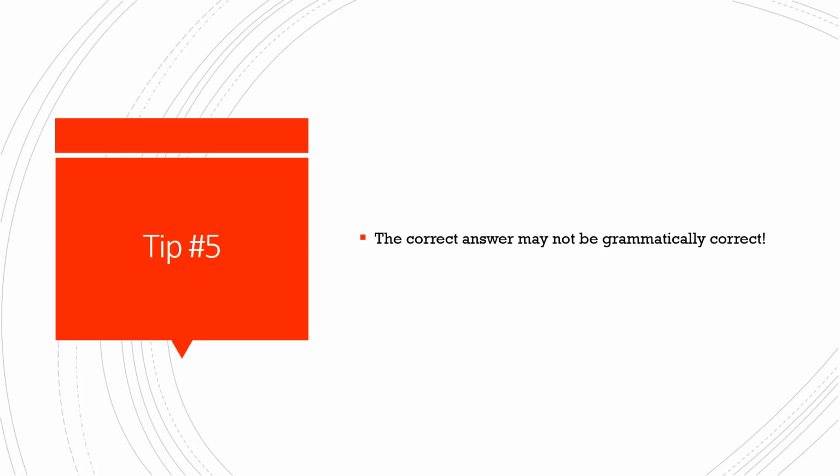If you feel that an answer is correct and it does not really have correct English grammar usage, you can still go ahead and mark that option if you're 100% sure that it is the correct answer. So don't look out for grammatically correct English in your options to select. All right, so in your options to select the right answer, that is.